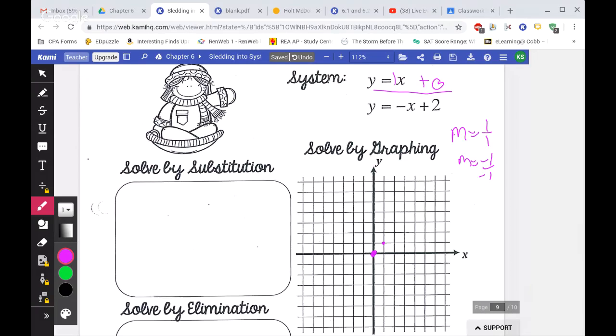So if I go up 1, I'll go right 1. Up 1, right 1. And you can already see that my line is rising from the left to the right. Just another indication and confirmation that I'm actually plotting my line correctly from a slope standpoint, because a line with a positive slope rises from the left to the right.